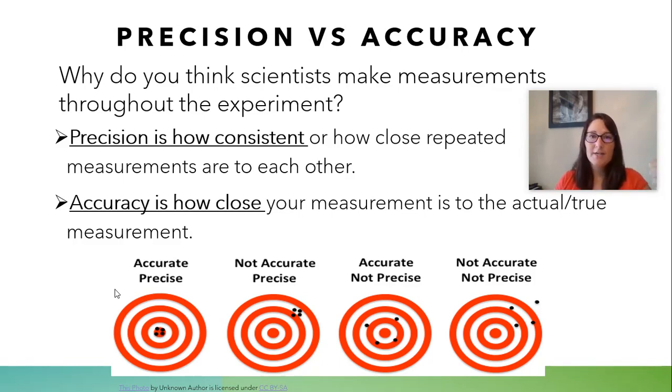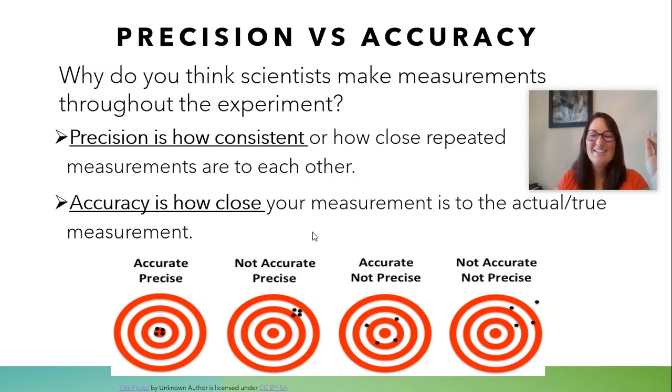So you're accurate. Now, all four of your darts are close together, so that means you're consistent, right? You're throwing in the same spot. You're precise.